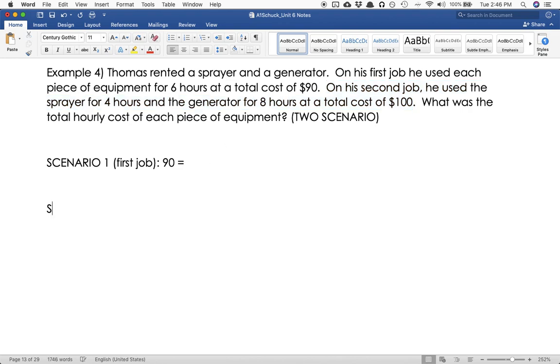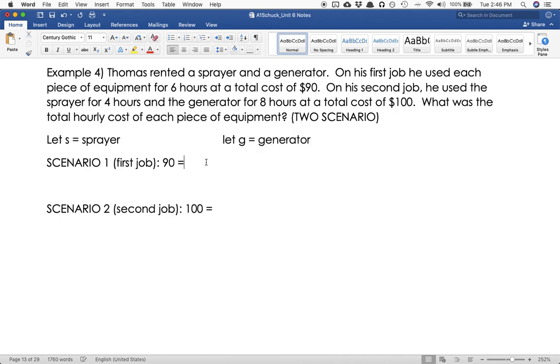So scenario 2, second job, I know that's going to be $100 as the total, and that's equal to something. And now let's set up our two variables. I'm going to let S equal the sprayer, and I'm going to let G equal the generator.